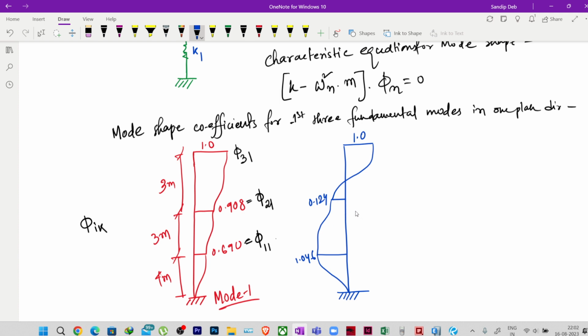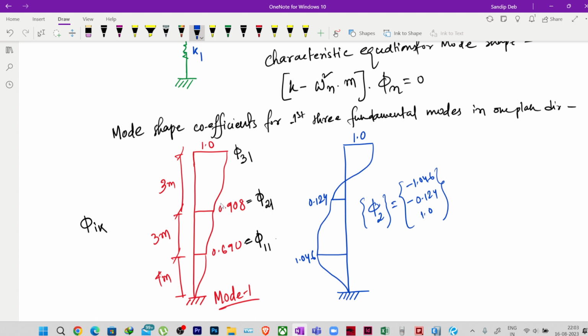For mode shape 2, we will have a matrix like minus 1.046, minus 0.124, and then 1.0. The sign, minus, tells you in which direction it is moving, and the value is the mode shape coefficient.